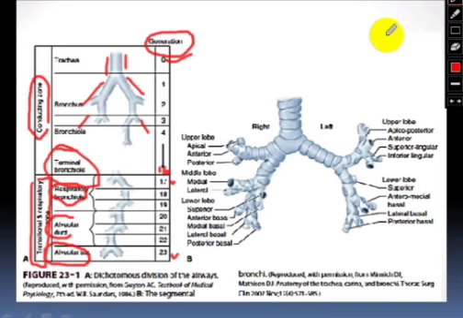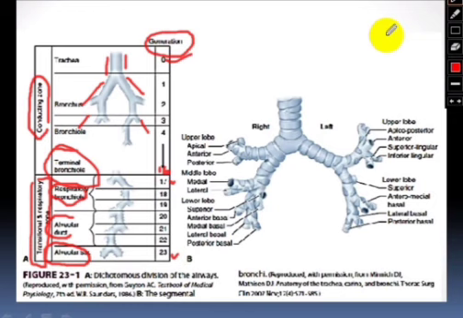Bronchioles. Good. The bronchioles will further divide into tiny branches, which will now land in terminal bronchioles. And it is these terminal bronchioles that end the upper respiratory tract, or the conducting zone of the respiratory system.